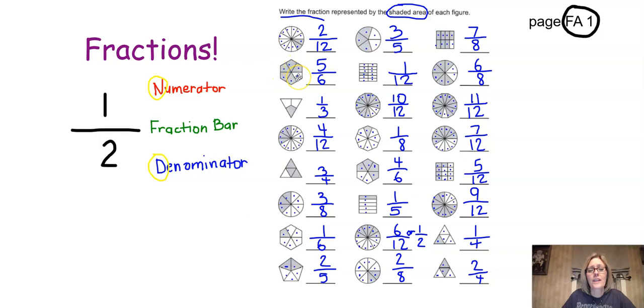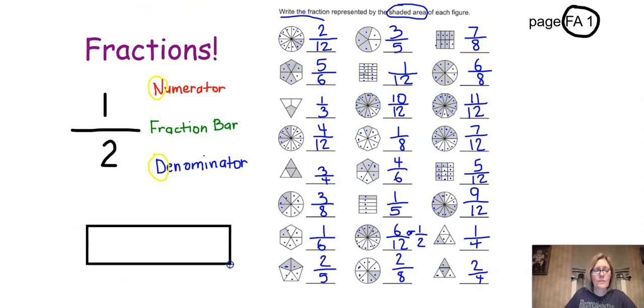All right. Now, one more thing that I want you to notice about fractions is that each piece of a fraction has to be exactly the same size. So all fractions have equal pieces. So if I were to take a shape, and let me draw a shape down here, and I were to divide it like this and like this, okay?